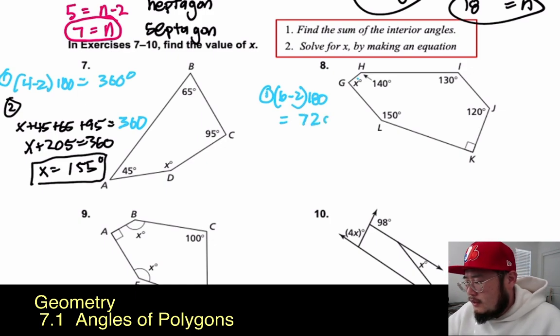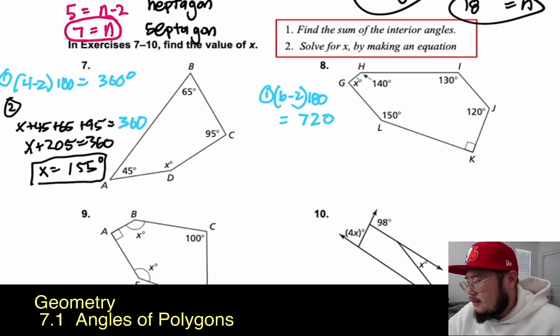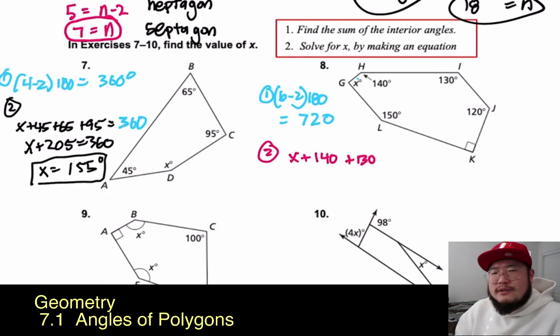All right, so let's take each and every interior angle, including that x, and set it equal to 720. So we go to step 2, and I've got x plus 140 plus 130. As you can see, I'm writing down all of these different angles in my equation that you should have in your homework.